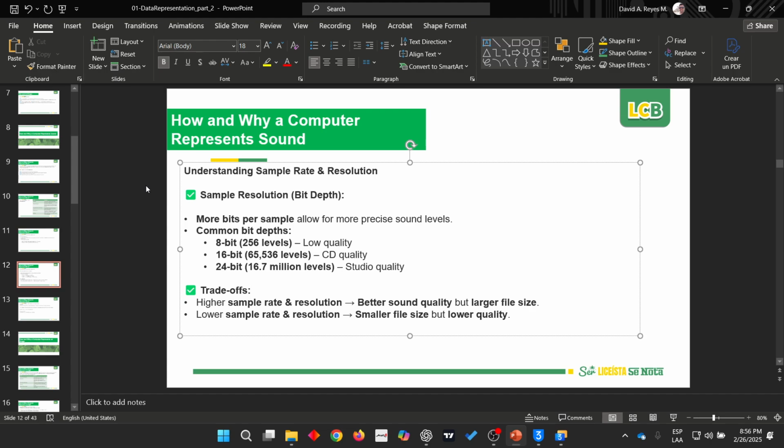If you are using 16 bits, you are using 65,536 levels. And if you are using 24 bits, that means that you are going to use 16.7 million levels. That is the reason that the sound quality is going to be better.